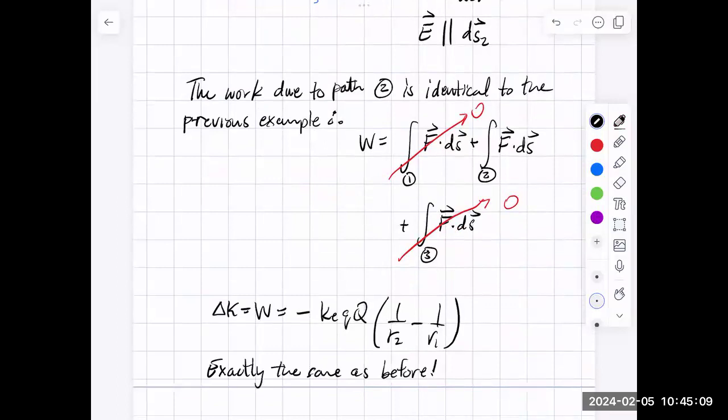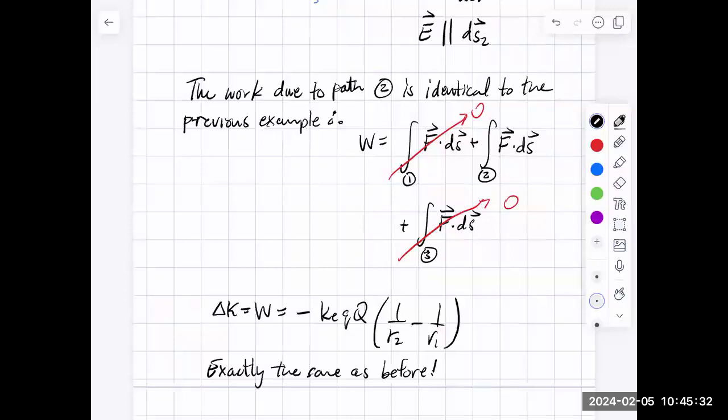Now, that's not really a rigorous proof. I've chosen 2 paths that made the calculation easy to do. But you could say, well, okay, maybe it's the same for those 2, but if I choose some third really complicated path, then maybe I'll get a different answer.